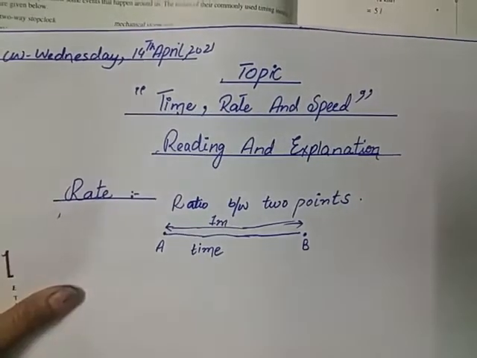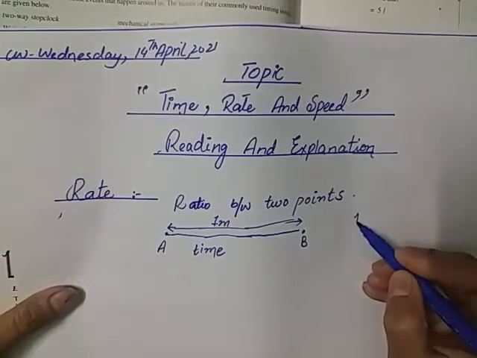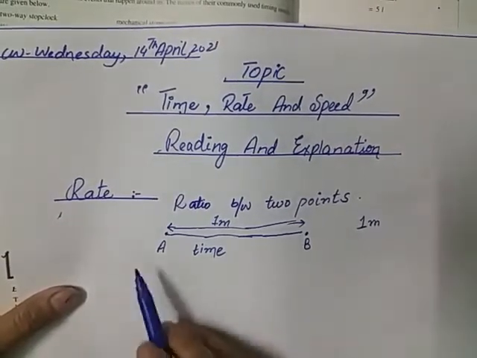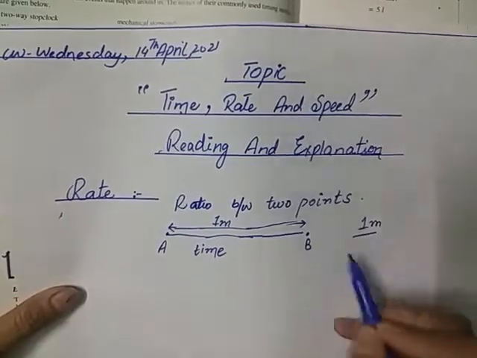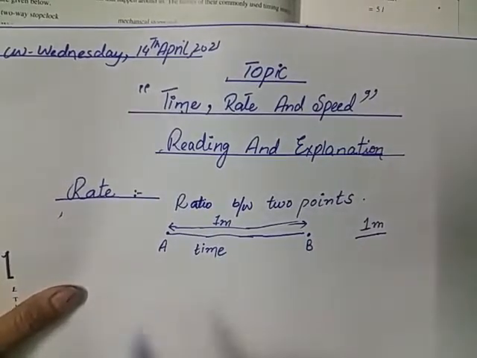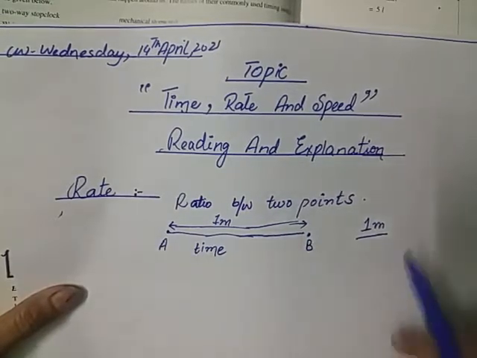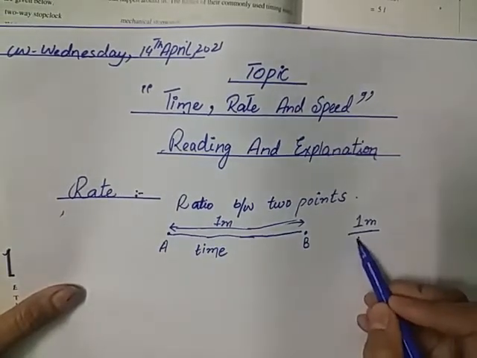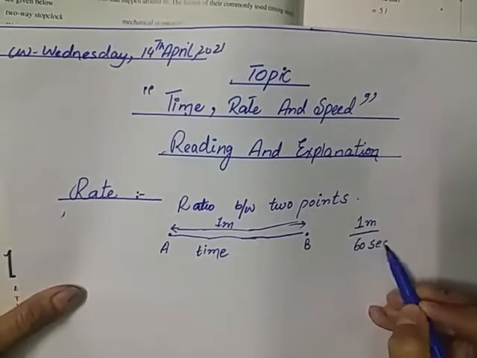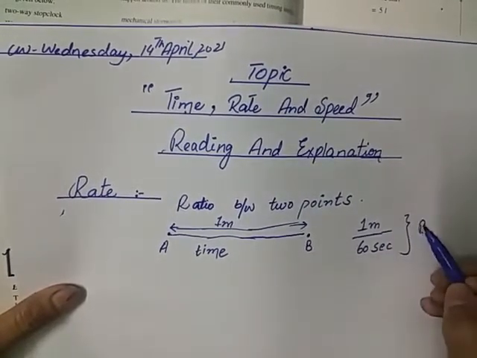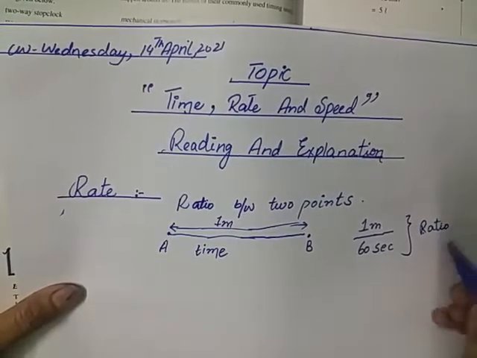For example, the distance traveled by the car from point A to point B is 1 meter, and the time taken to travel from point A to point B is 60 seconds. So this ratio is known as rate.